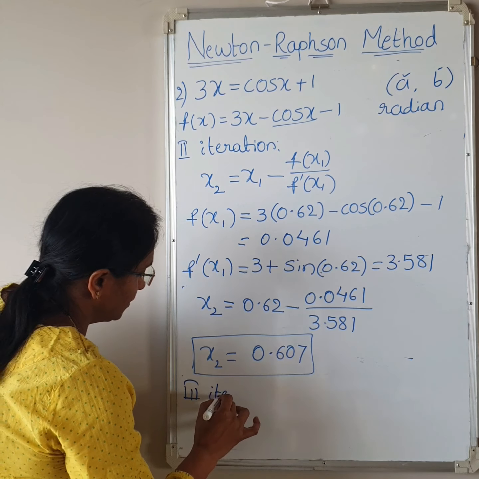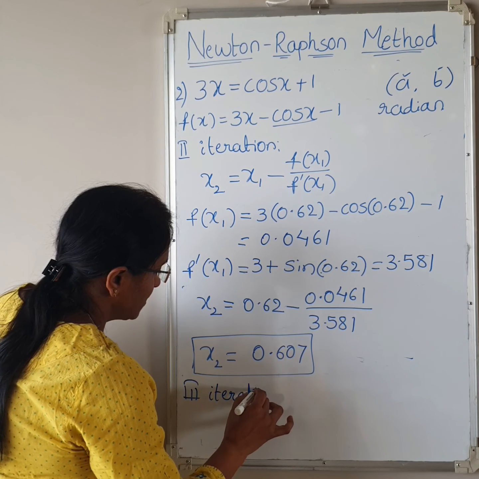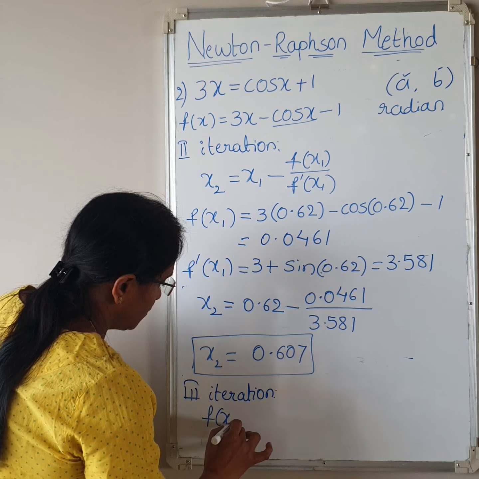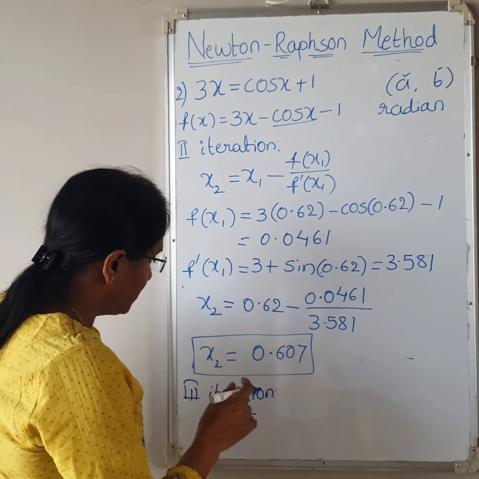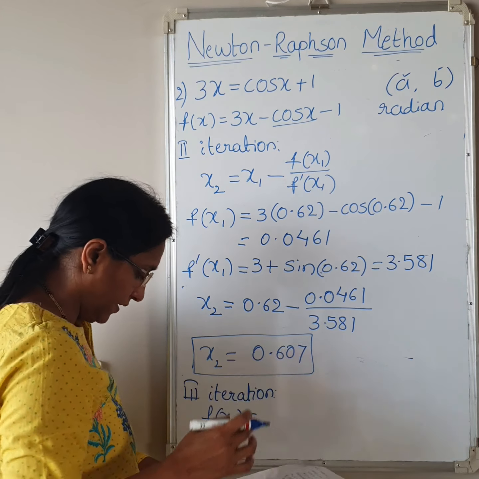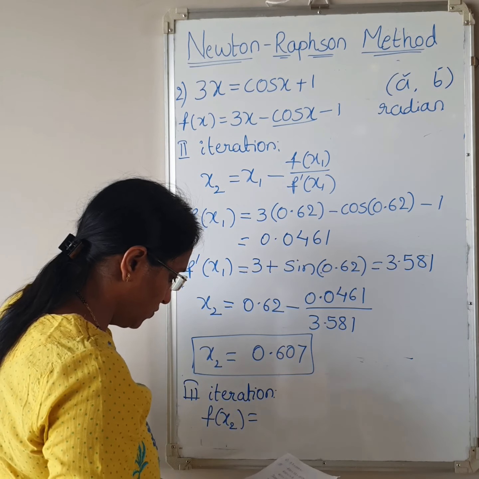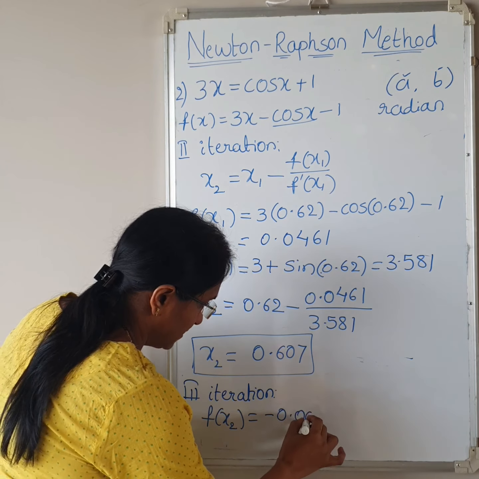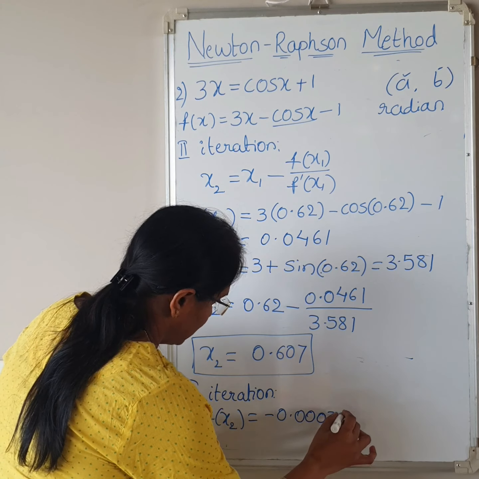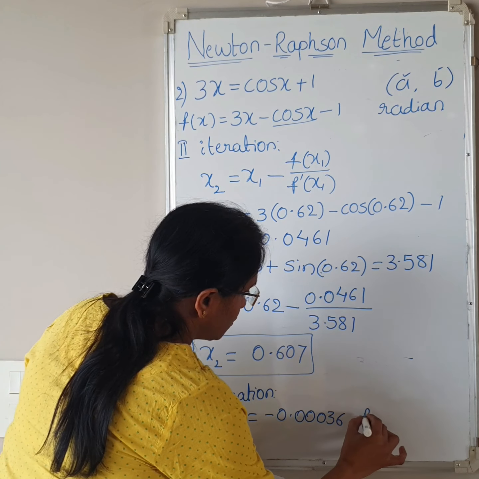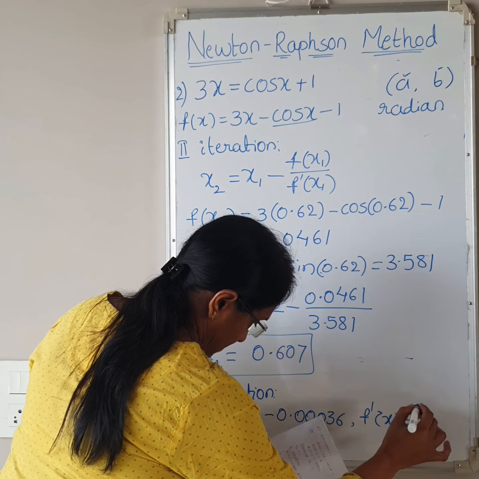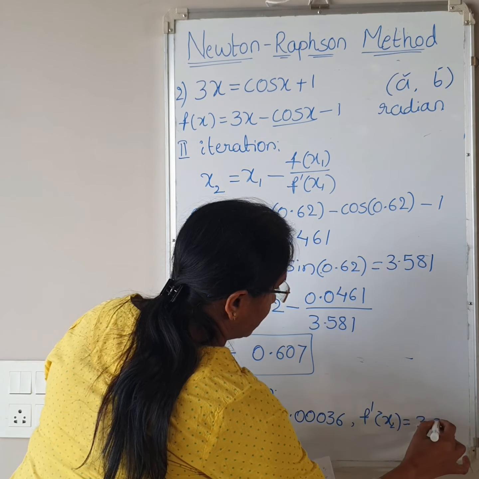For the third iteration, first find out f of x2. So f of x2, that is f of 0.607, is equal to minus 0.00036, and f dash x2 is equal to 3.57.